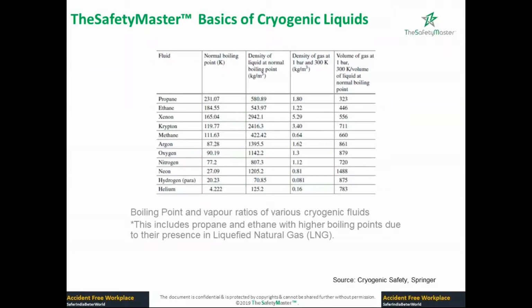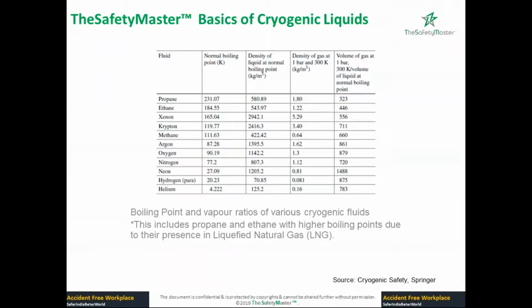Then you have argon, oxygen, and nitrogen, which the industrial gas industry deals with, with boiling temperatures around 87 Kelvin for argon, 90 Kelvin in the case of oxygen, and 77 Kelvin in the case of nitrogen. Then neon, which is again a noble gas, with a boiling temperature of 27 Kelvin, and as you go lower, hydrogen is 20 Kelvin. In hydrogen you have ortho and para.